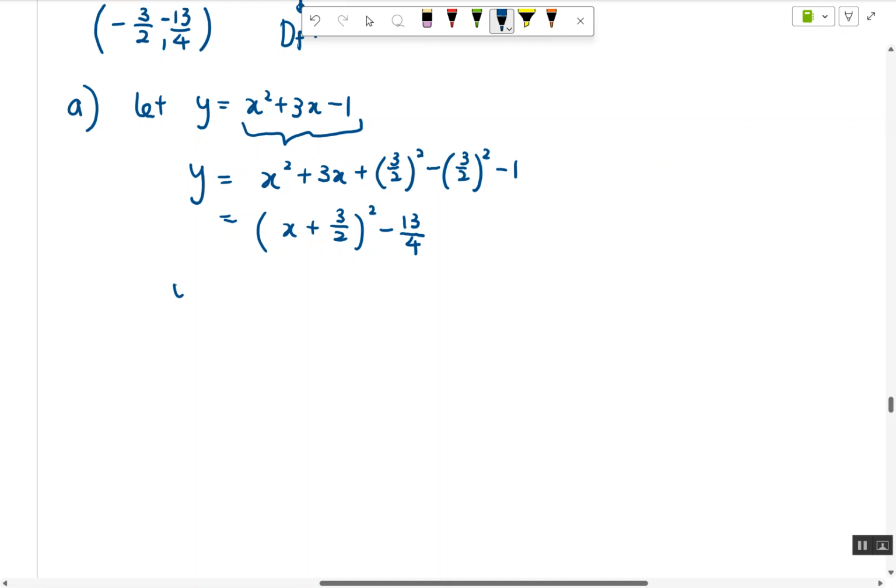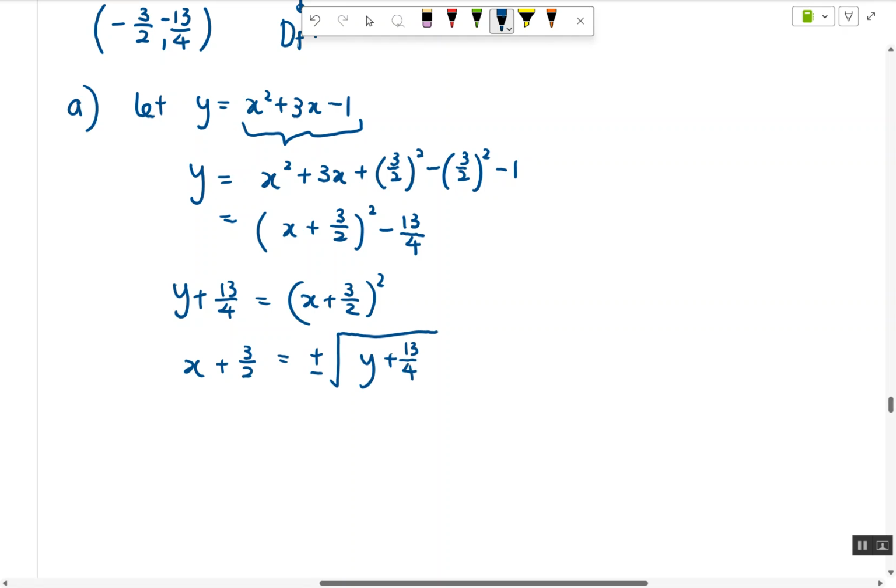Okay, look here on how I can make x the subject. y plus 13 over 4 is equal to (x plus 3 over 2) squared. When you square root, you must always have a plus minus. Listen up, guys. Then x equals plus minus square root of (y plus 13 over 4) minus 3 over 2.